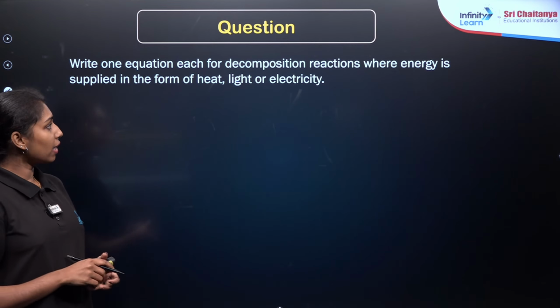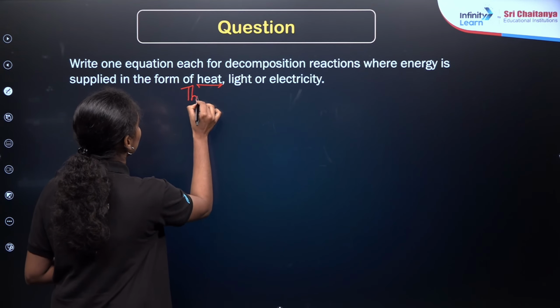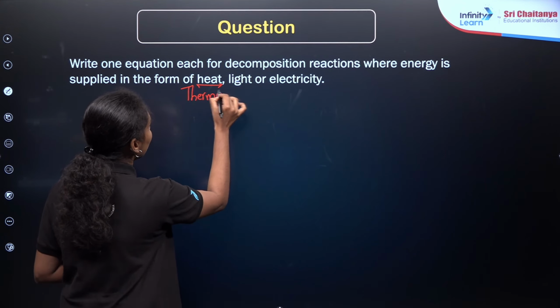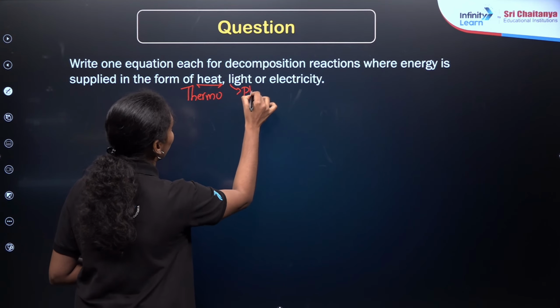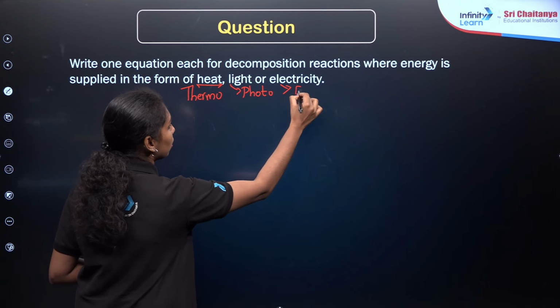So three types of reaction we have studied, right? If it is heat, that is known as thermolysis or thermal decomposition. Light means photodecomposition. And electricity means electrodecomposition or electrolysis.